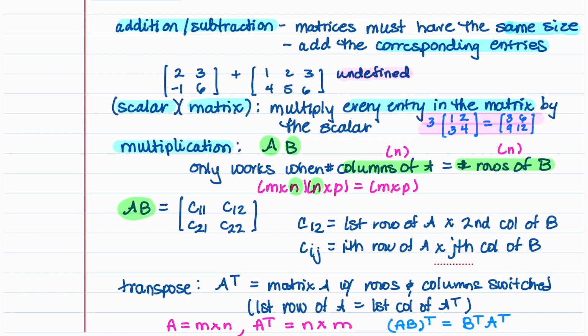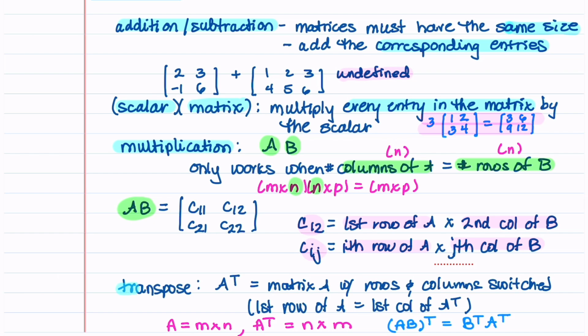For instance, maybe we get a 2 by 2 matrix that has C11, C12, C21, and C22 in it. For an example, C12, that entry you'll get by multiplying the first row of A times the second column of B. So in general, your entry Cij is just the ith row of A times the jth column of B.